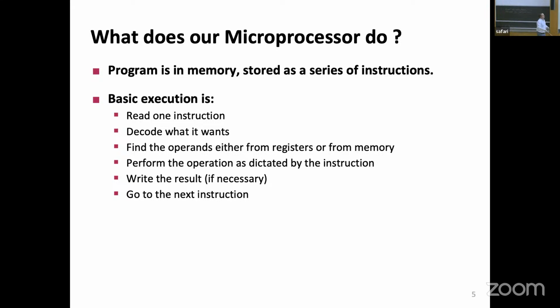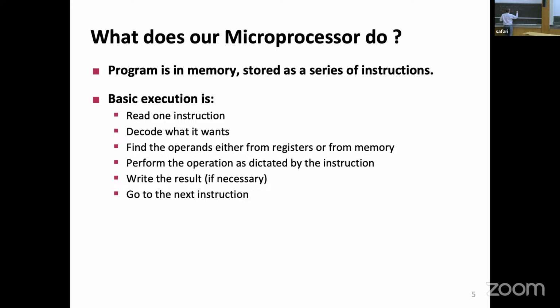So we read out this seemingly random data from here. It's a bunch of zeros and ones. And we know that by looking at it, it will decode into an R-type, a J-type, or an I-type instruction. And once we know what it is, we can understand what that instruction wants from us. Most of the instructions will require some sort of operands, and we must find the operands. Some of them will be immediately available.